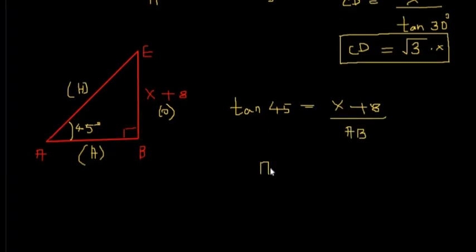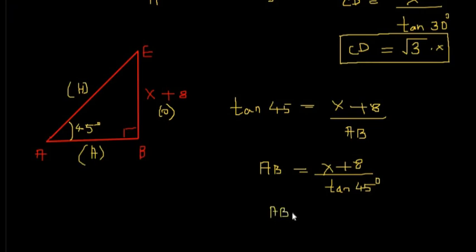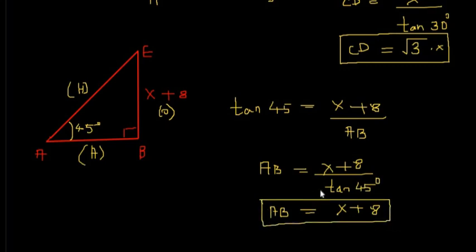So it becomes AB equals X plus 8 over tan 45 degrees. So let us calculate 1 over tan 45 and see how much we get. So 1 divided by tan 45 gives us 1. So we have AB is equal to X plus 8, since tan 45 is 1. So this is our next expression which we got.